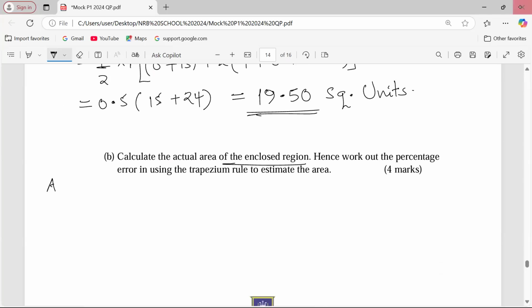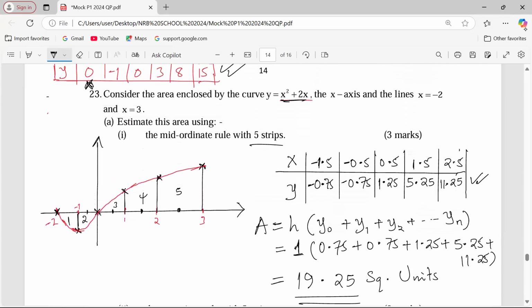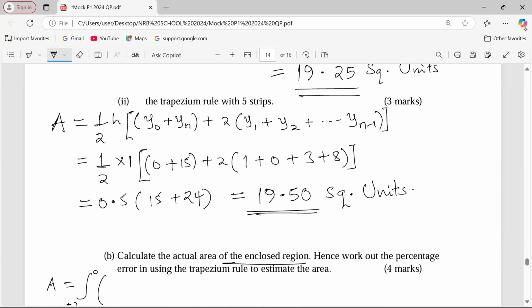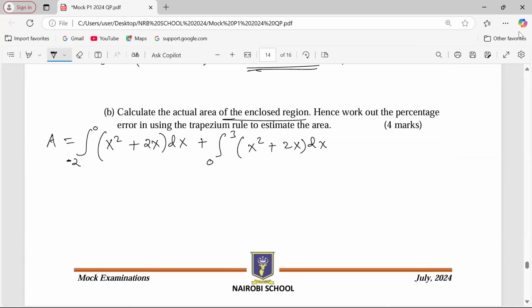The function is x squared plus 2x with respect to x. Then we add an integral from 0 to 3 of the same function with respect to x. So this will be the total area.